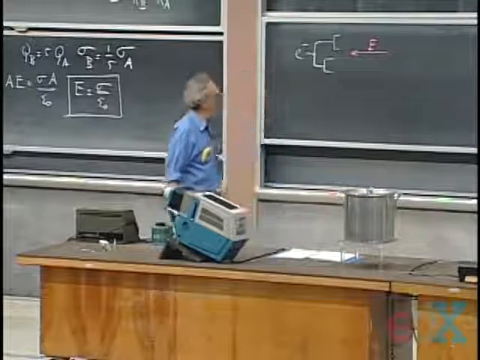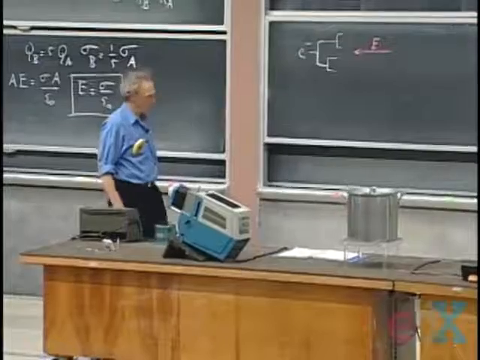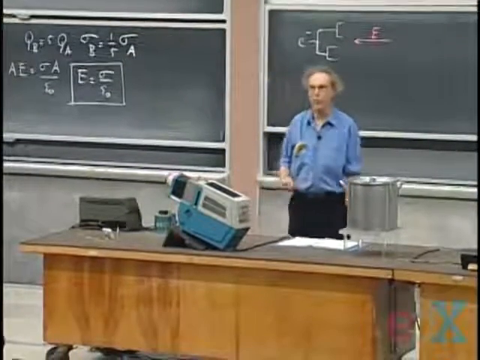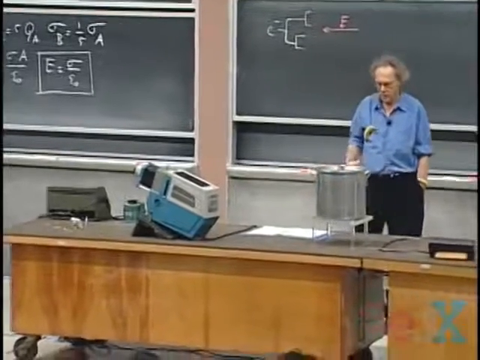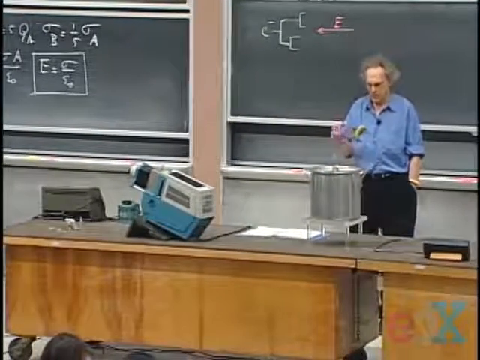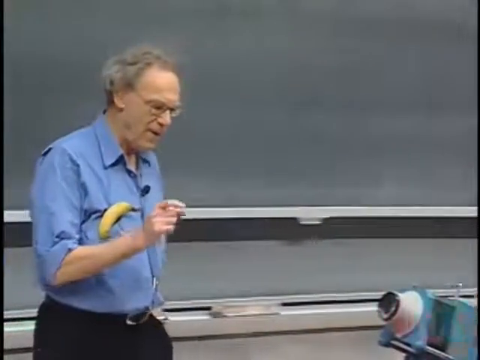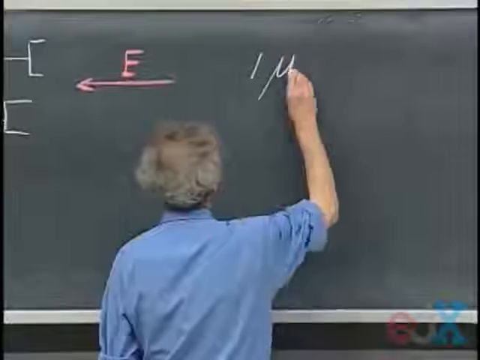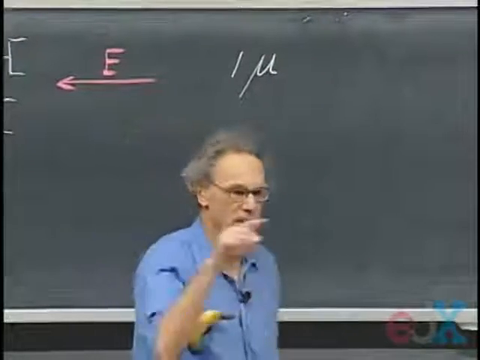How strong should the electric field be? Well, we can make a back-of-the-envelope calculation. If you take air of 1 atmosphere, dry air, at room temperature, then the electron, on average, will have to travel about 1 micron, which is 10 to the minus 6 meters, between the collisions with the molecules.